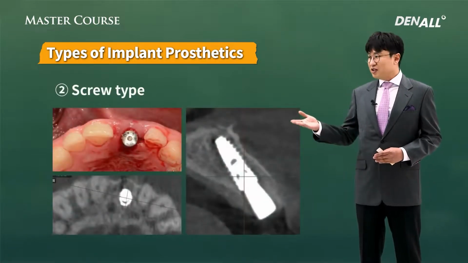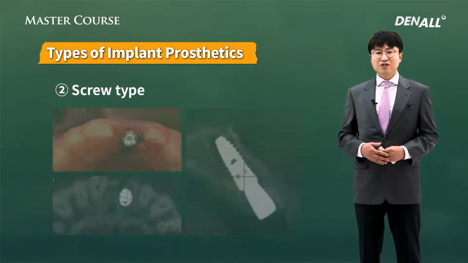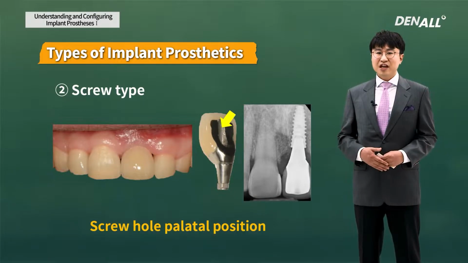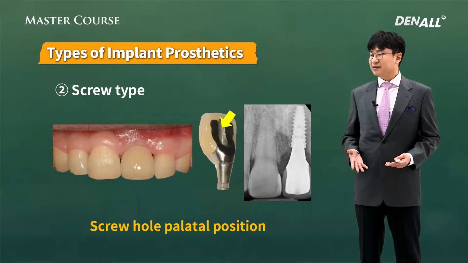On the palatal side, the screw hole position is not related to aesthetics, so you could create prosthetics in screw type, and it's easy to remove. So if you need to repair, it's very easy to do.